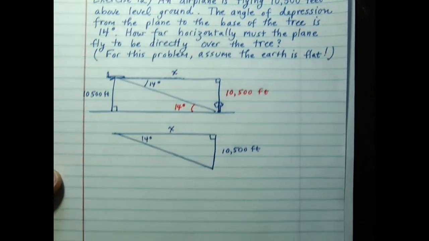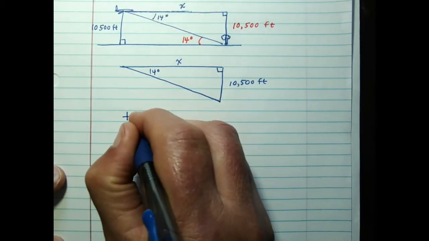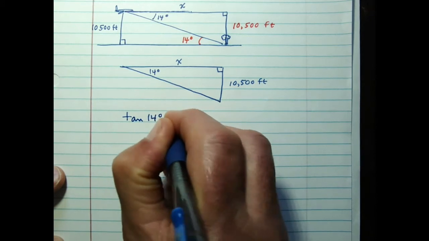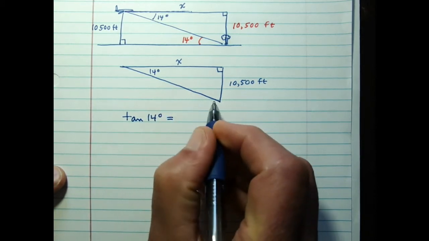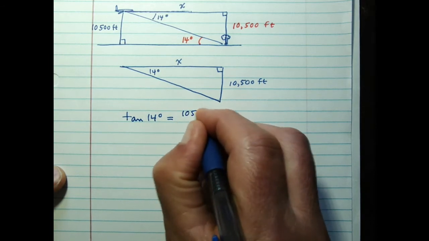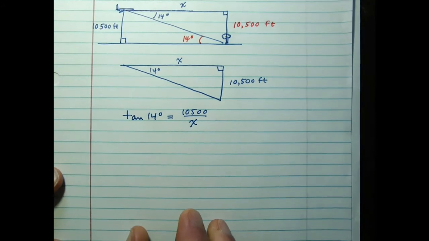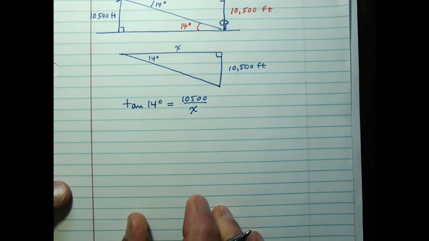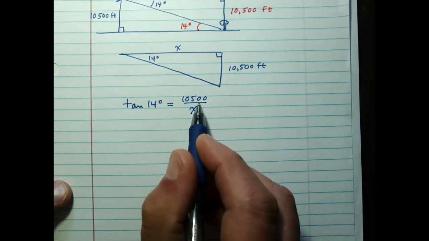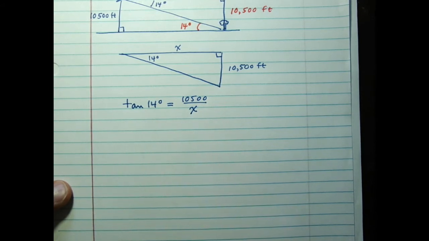I think I want to use tangent in this problem, my TOA. So tangent of 14 degrees is going to be opposite over adjacent, so it's 10,500 over x. I have to be careful now because I have x in the denominator in solving this. I can't just divide by 10,500, because x is in the denominator.